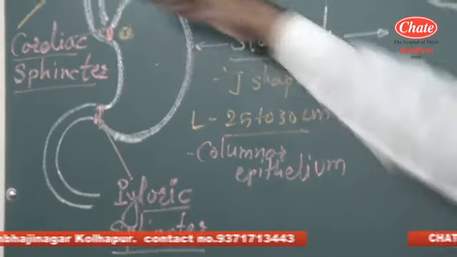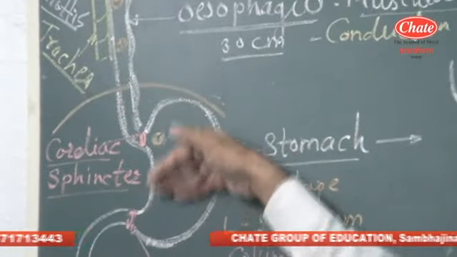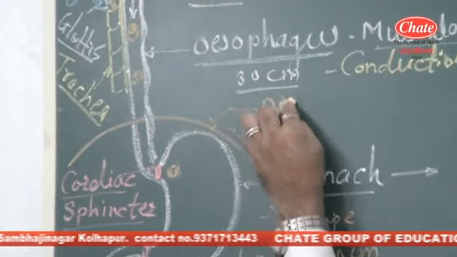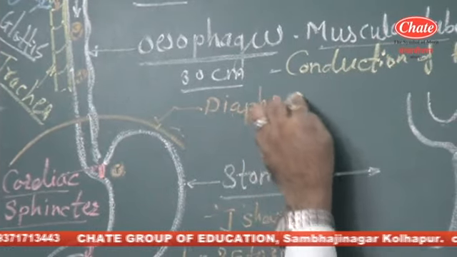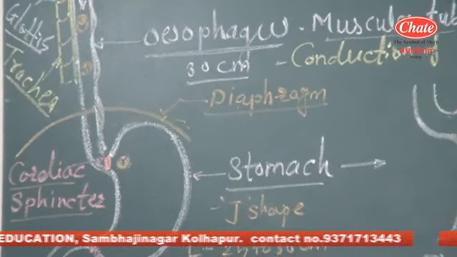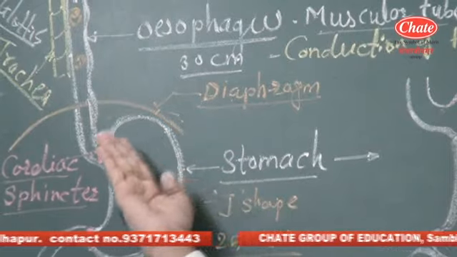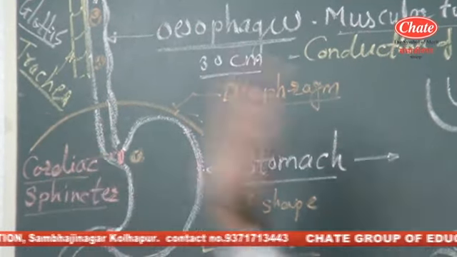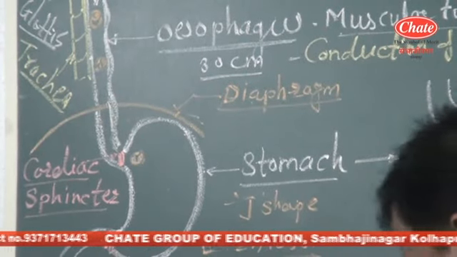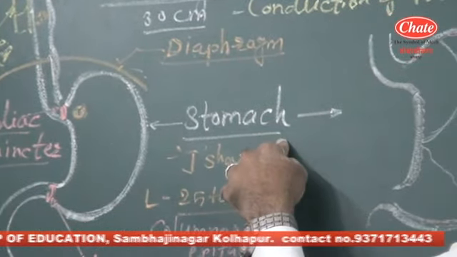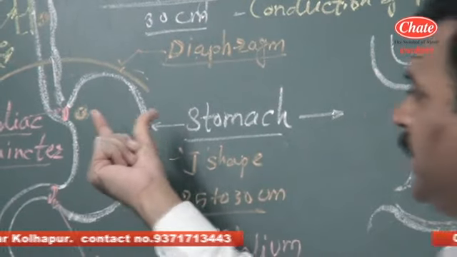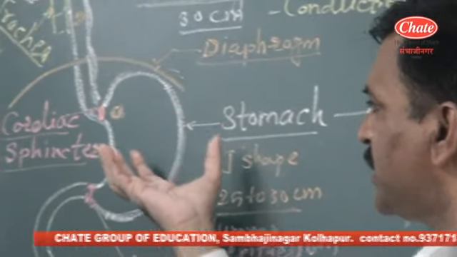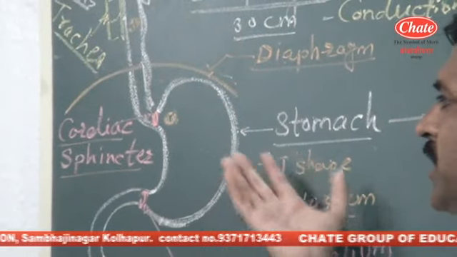This stomach lies at the left side below the diaphragm. This is the diaphragm. So it lies below the diaphragm at left side. In front of the stomach there is presence of the liver. When we focus on this, the stomach is the main organ of digestion. It is a highly distensible pouch which receives the food for digestion, and digestion occurs in the stomach.